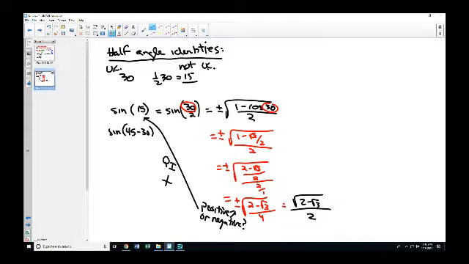Let's see here. The cosine half angle identity is very similar. What's the difference? Compare and contrast the two formulas.